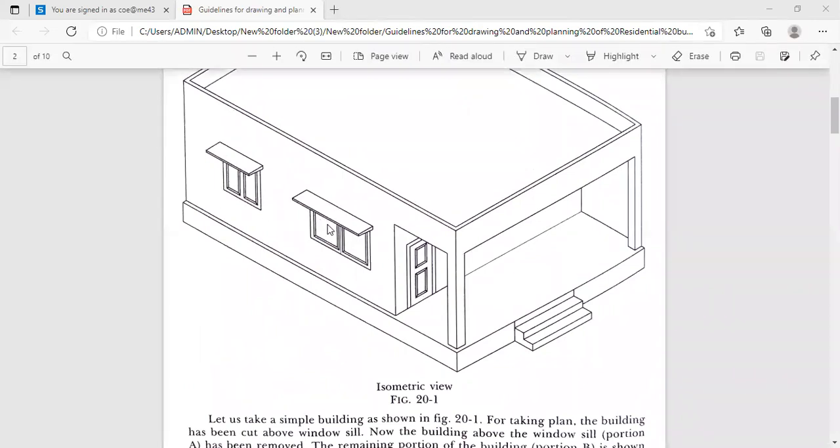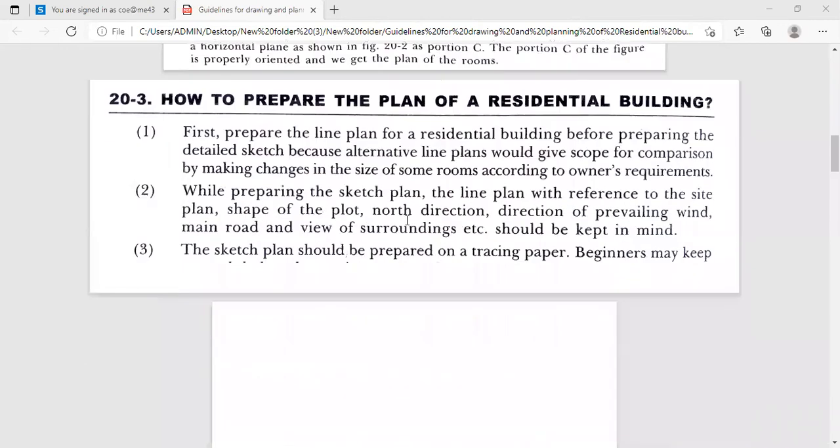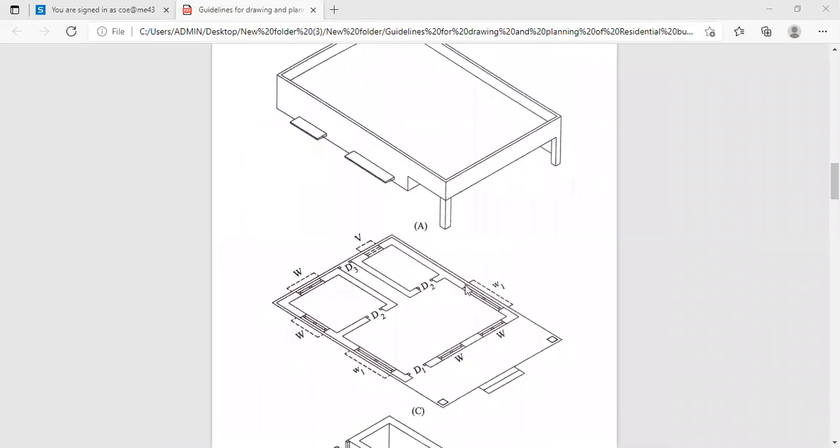So whatever part is above, we have imagined that part is removed, and then we are going to sketch the plan. So whatever is above that horizontal plane, if we want to show that part in a sketch plan, then we have to use a dotted line.